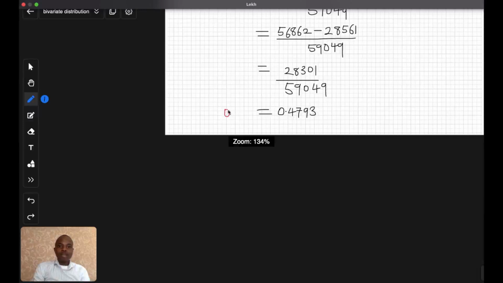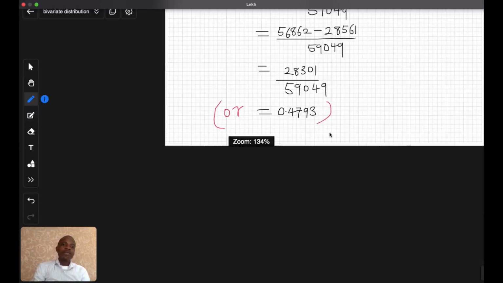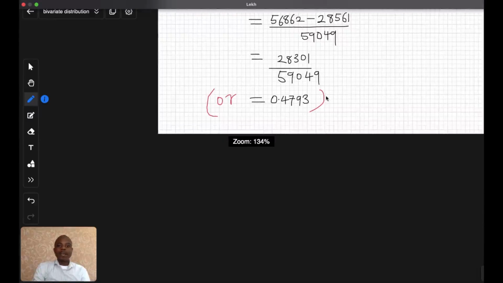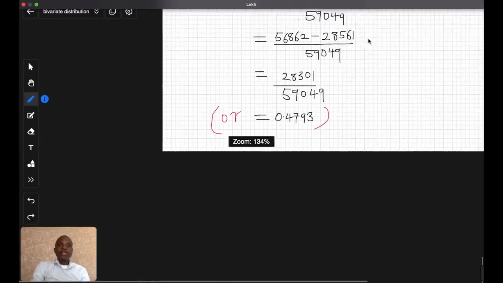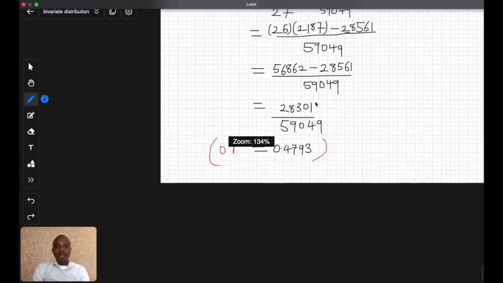So actually, as I've been saying, it's optional. It depends on you if you want it in decimal form. You could stop here, you're still correct.